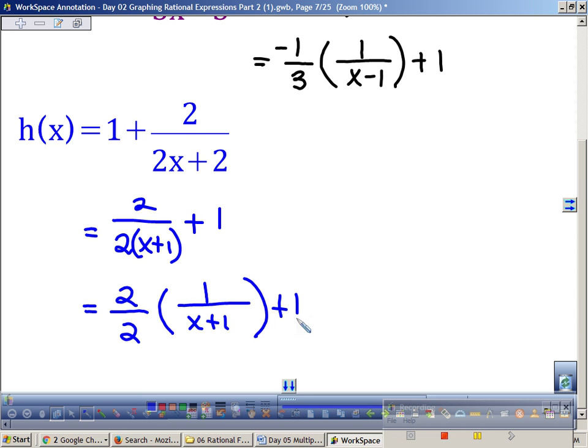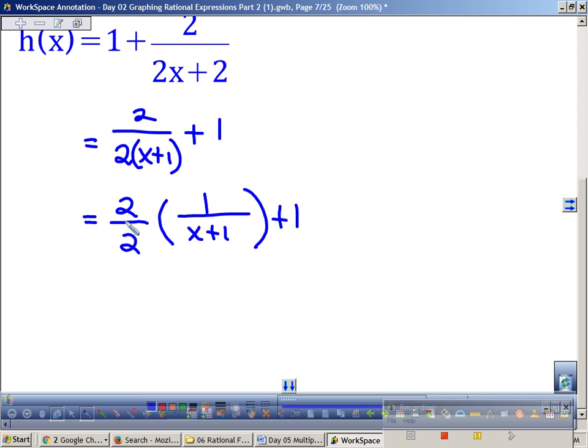Oh my God, it was so close. So 2 divided by 2 is 1, which I don't need to really write it, right? Good. You guys want another one?